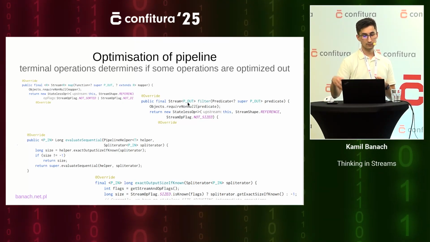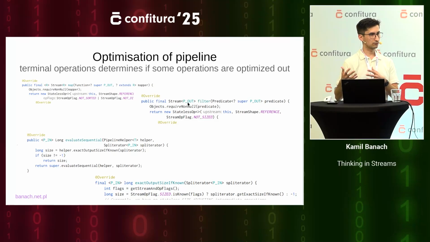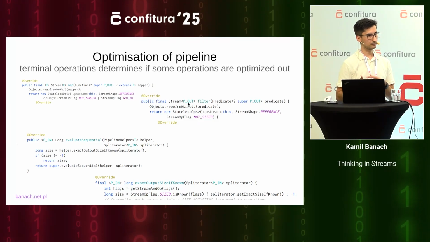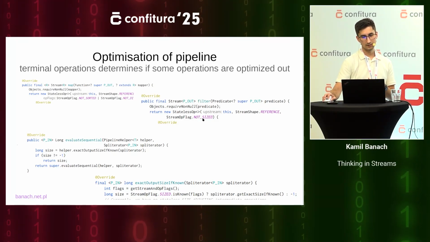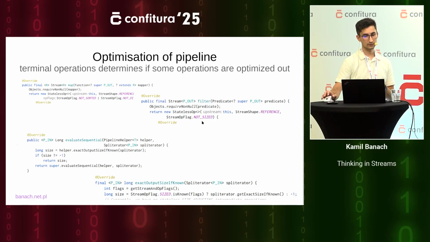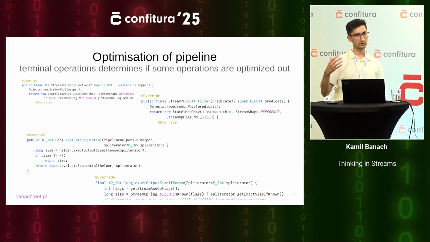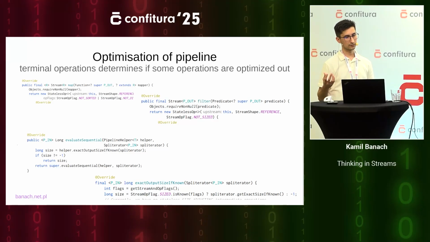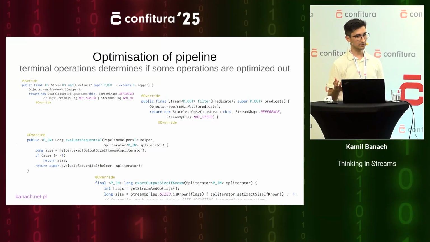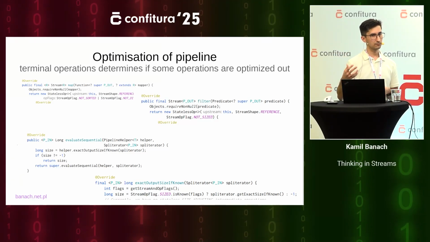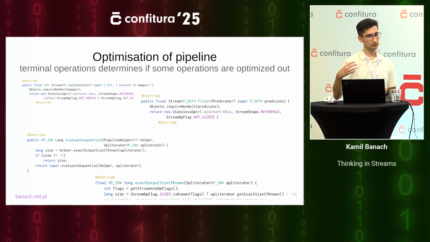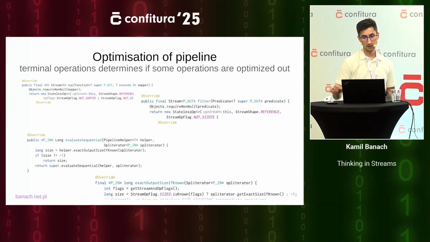And for example, the filter, which filters out elements and can change the number of elements in the stream, is setting the stream flag not sized. And because of that, if we use an operator like peek or map, which is not changing the number of elements, it will be optimized out when we use the count operator.